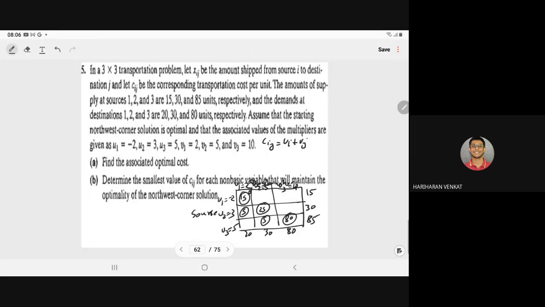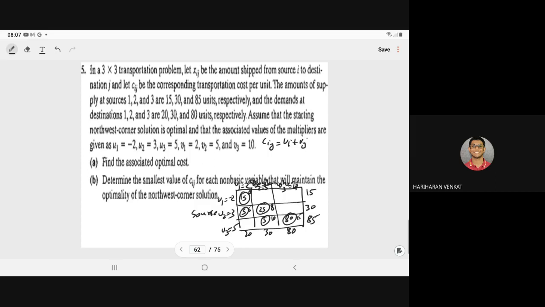Then C21 will be 5, and C22 will be 8, and C32 will be 5 plus 5, 10, and C33 will be 15. So now, in the first question they have asked to find the associated optimal cost.